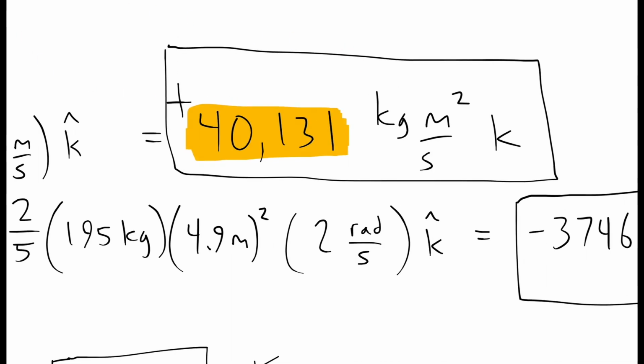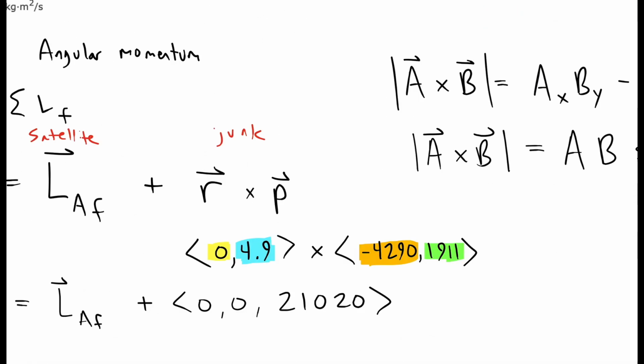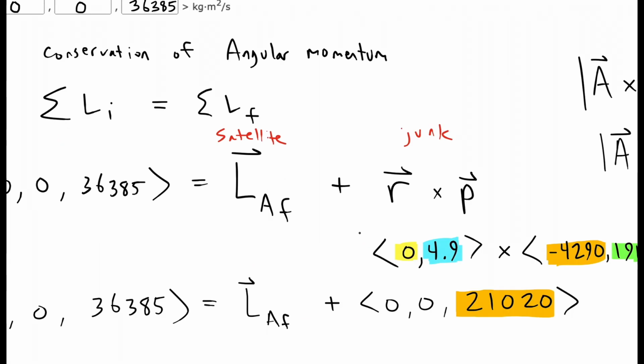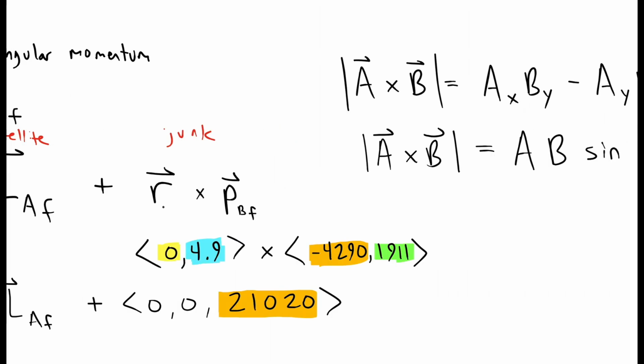It was moving quite fast, so it has a pretty large angular momentum. Now let's put in the final angular momentum of the junk. The final angular momentum of the junk was calculated here when we did r cross p for after the collision.